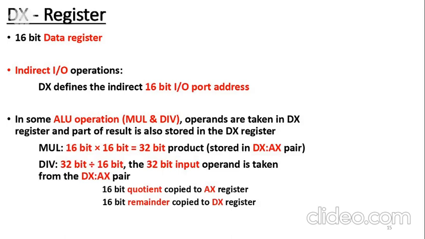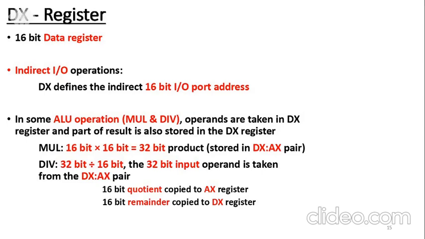Then, in case of division, one possible division in case of the 8086 processor is 32-bit divided by 16-bit. We know that for the 32-bit numerator we don't have any register to hold it. That's why these 32 bits of input operand are to be taken from the DX-AX register pair.